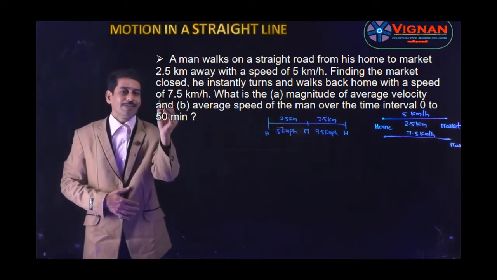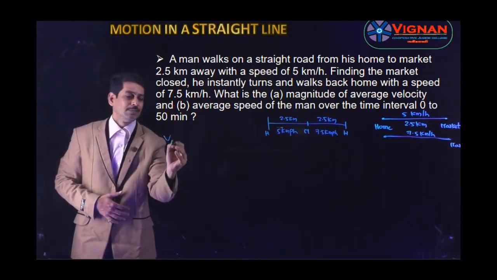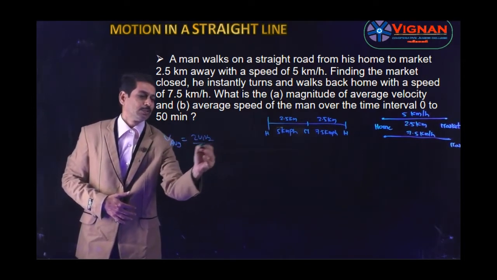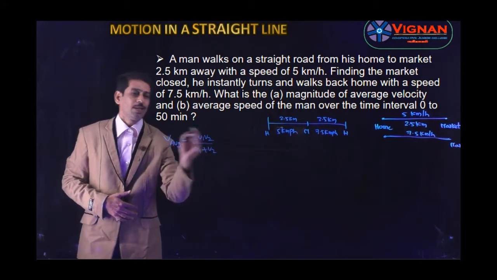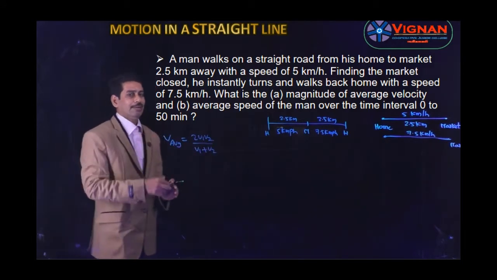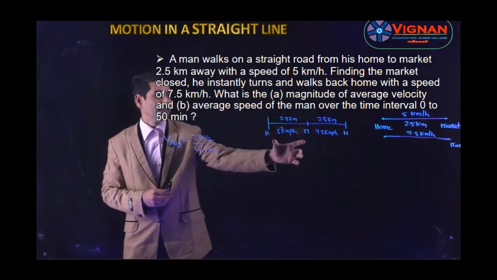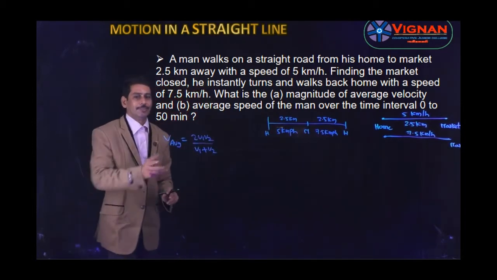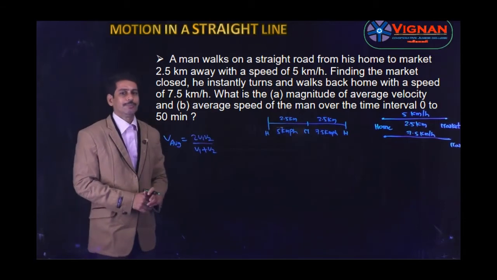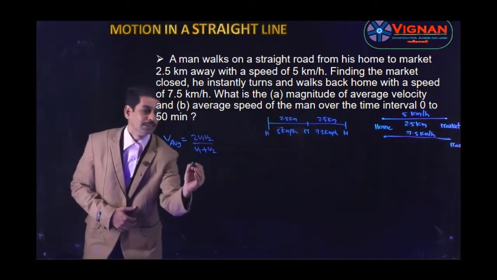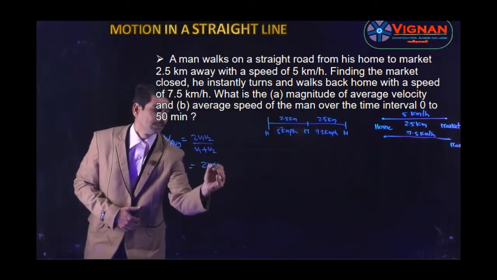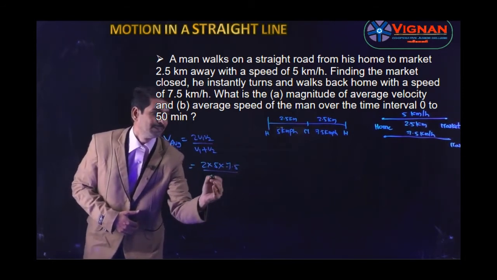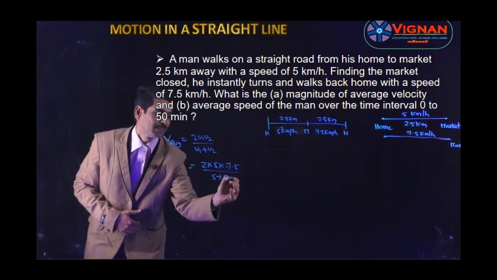So we know the average speed is nothing but 2v1v2 by v1 plus v2. Why do we use this formula? Here the first half of the distance is traveled with a velocity of v1, and the second half of the distance with a velocity of v2. So the average speed is 2v1v2 by v1 plus v2, where v1 is 5 km per hour and v2 is 7.5, divided by 5 plus 7.5.